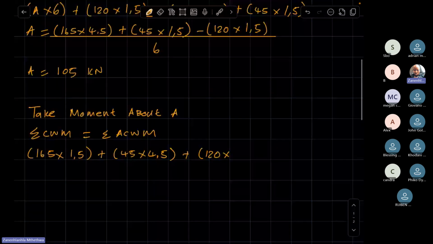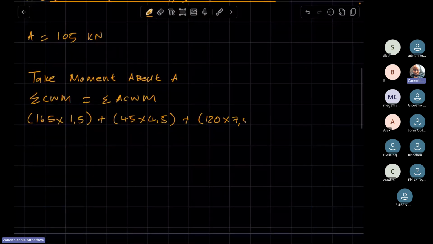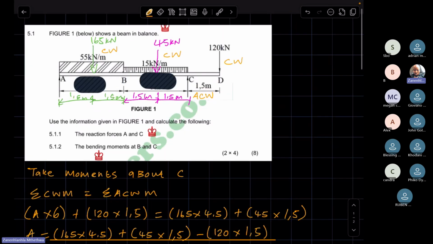So 7.5 is equal to anti-clockwise moments, which we have established is only the reaction at C, times the distance between the two reactions, which is equal to 6.